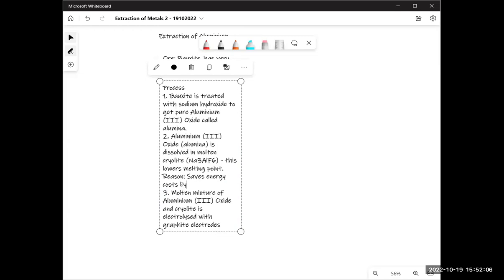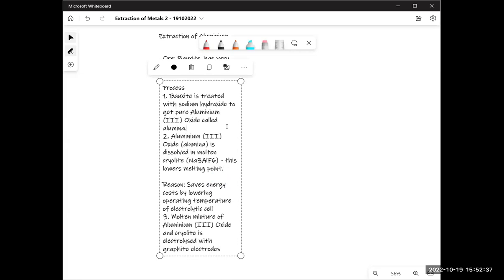What's alumina? Alumina is pure aluminium oxide. Pure aluminium oxide is called alumina. So that's the final thing.